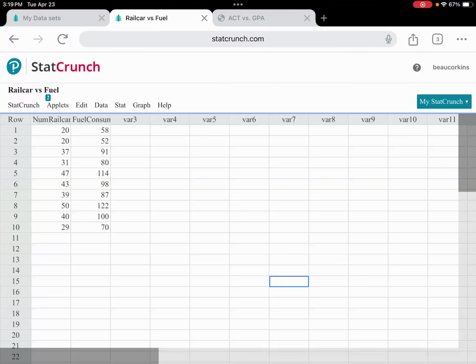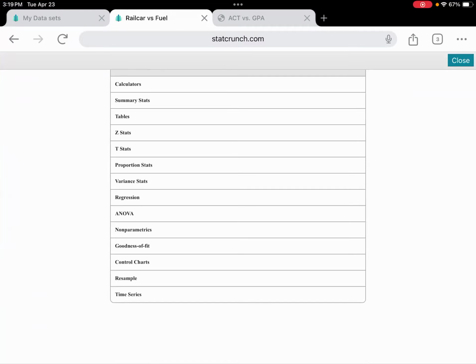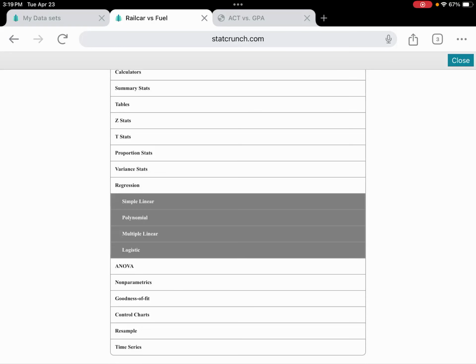Okay, so our num rail card data. Stat, gonna undo that. And guess which one we go to? What topic are we in? Regression. All right, and this is the last of it. So we're only going to do simple linear regression in here.